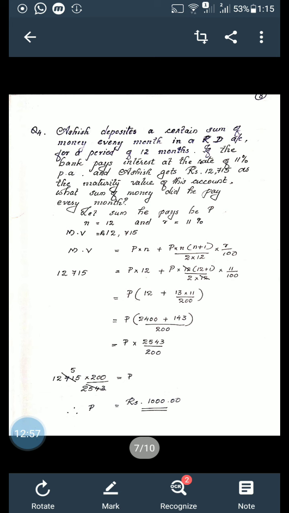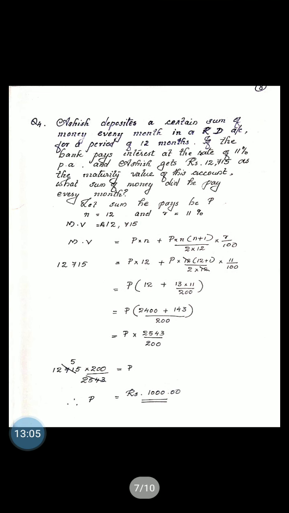And on the left side, there is 12,715. Now we want to find P. So you can transpose this 2543 by 200 to the left side. You will get 12,715 into 200 by 2543, that is P. You can simplify that 12,715 by 2543.